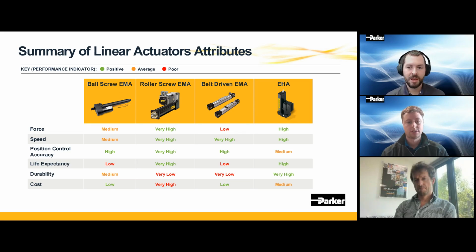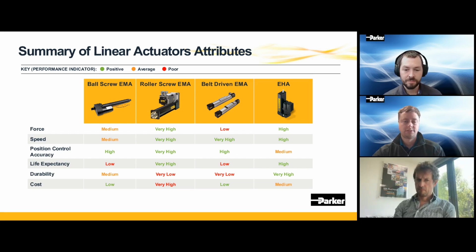Belt drivens, they are awesome on cost and speed. However, the force due to that belt is lower than the other options, and the durability and life expectancy, again, are going to suffer compared to some of the alternatives. And finally, EHAs, they are great at force and speed, very durable. However, due to the complexity, there are some cost impacts that you're going to see, and the position control accuracy is less.